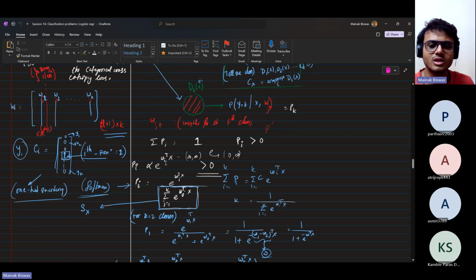It is proportional to this. It is the proportionality constant. What is the value of the proportionality constant? That is 1 divided by the sum, so that the addition of all of them becomes 1.